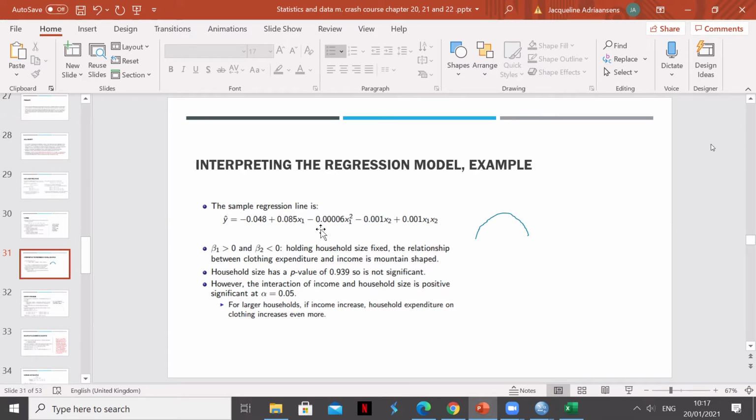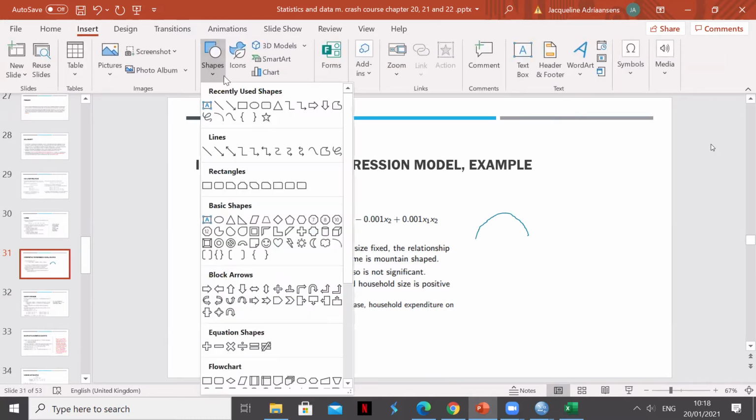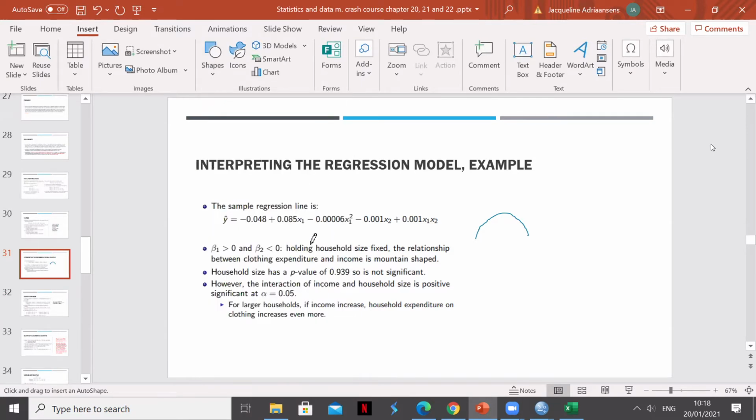So what is the relation between the x variables? If the first term is positive, so the normal term is positive, and the second term, the squared term, is negative, then you'll get this mountain shape. If it is the other way around, so the first term is negative, and the second term is positive, so the squared term is positive, then it will be like this.